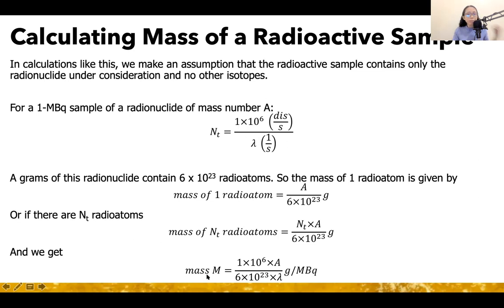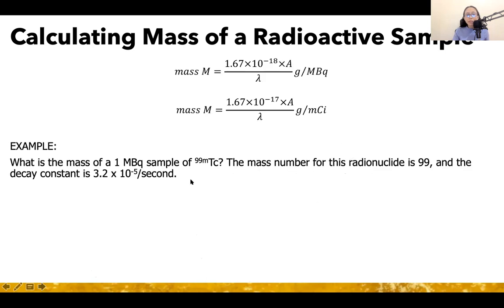We get for the mass M of a certain radioactive sample: 1 times 10 raised to 6 times the mass number, divided by 6 times 10 raised to 23 times the lambda. And the units that we will end up with is grams per megabecquerel.